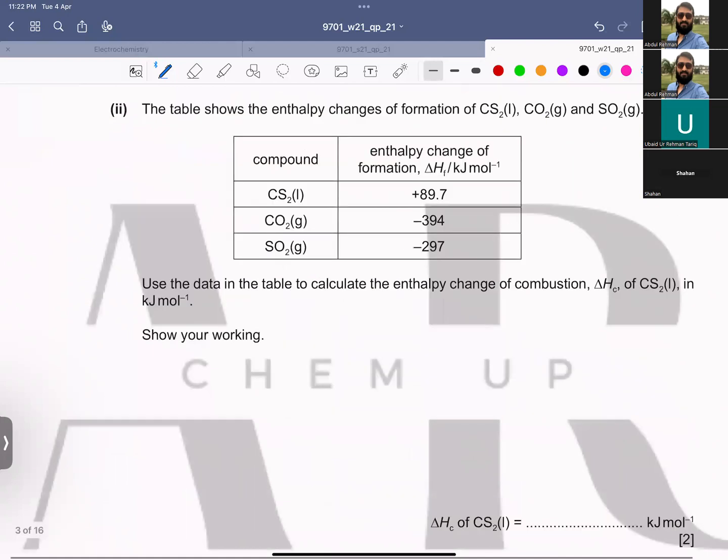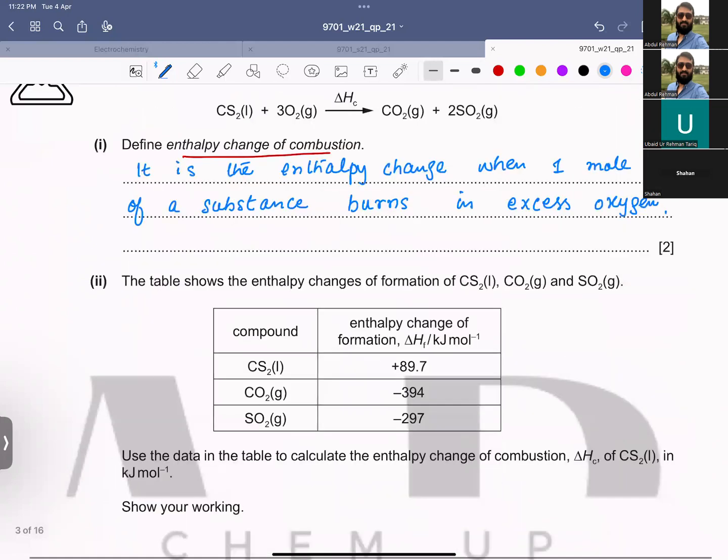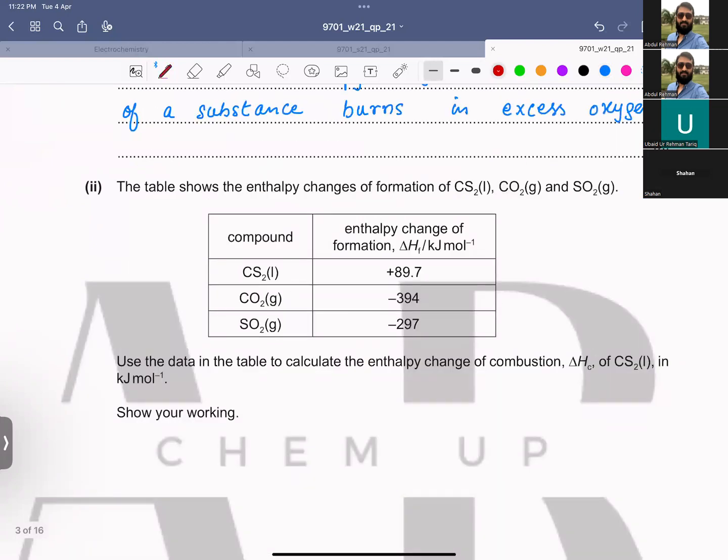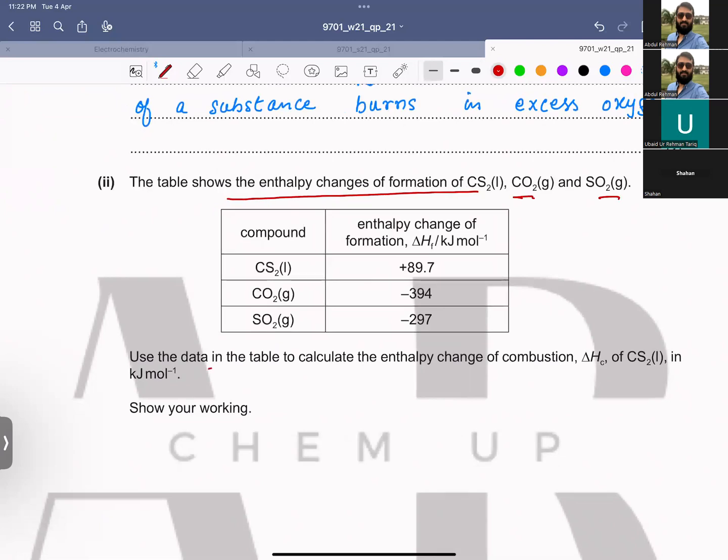Okay, now have a look at this table. The table shows the enthalpy change of formation of CS2, CO2 and SO2. Use the data in the table to calculate the enthalpy change of combustion of CS2 in kilojoule per mole. Show your working.